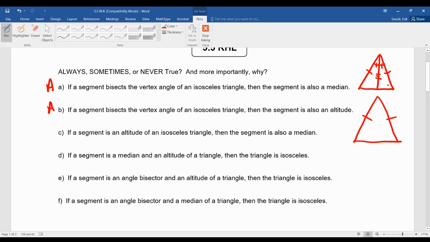So if this triangle is isosceles because of that, and then we draw in the altitude, remember, because this triangle is isosceles, you're going to have these base angles congruent too. So these two triangles would be congruent by angle, side. So then it is a median, that's true, but there's a big but here.